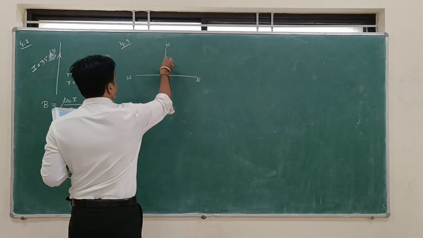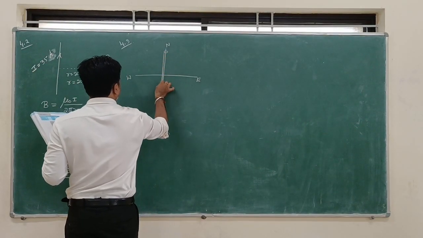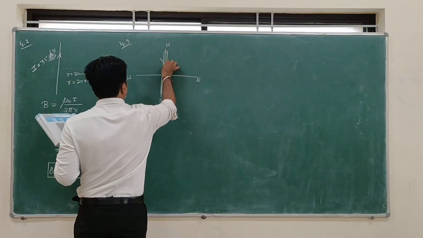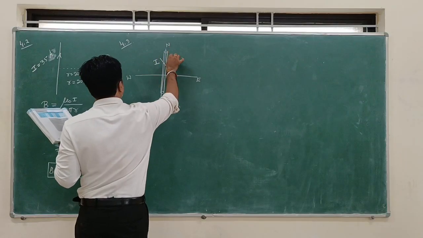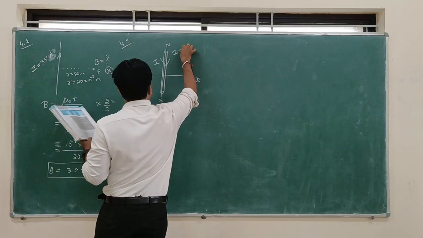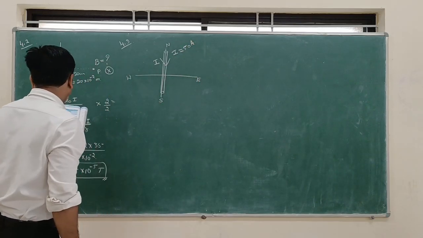So the current flows north to south in the wire. How much current flows? I is equal to 50 ampere.